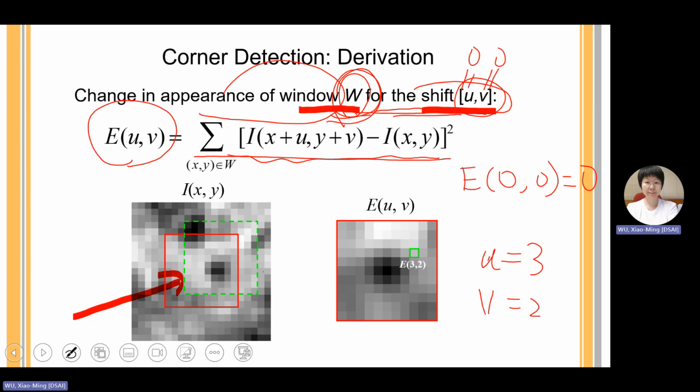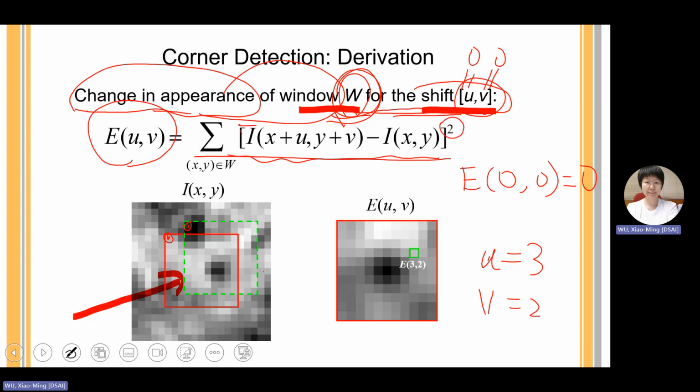Then the change in appearance, the change in image content, can be measured by this pixel value minus the corresponding one after shifting. So let's measure the squared difference between this value and this value.